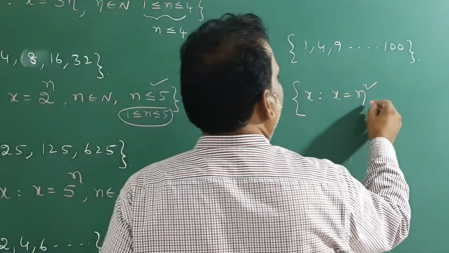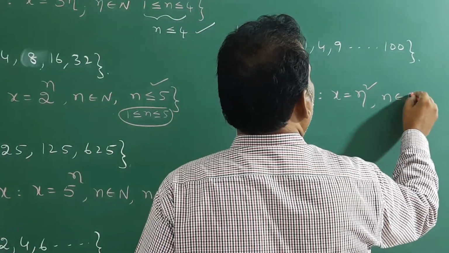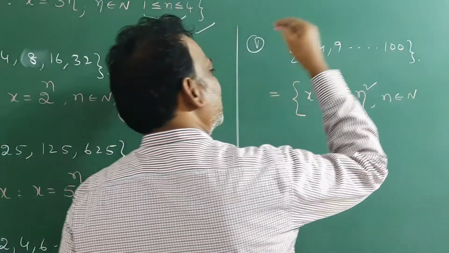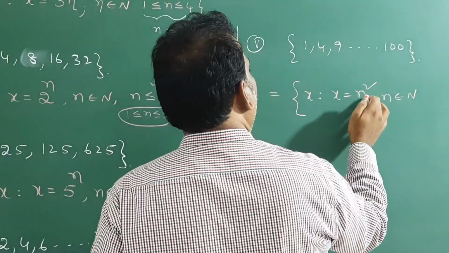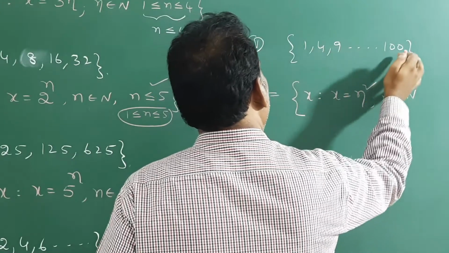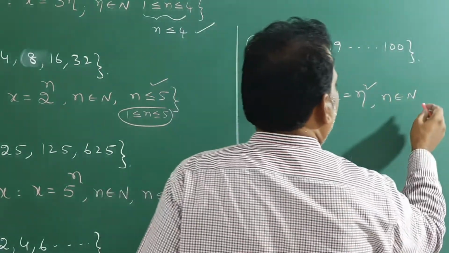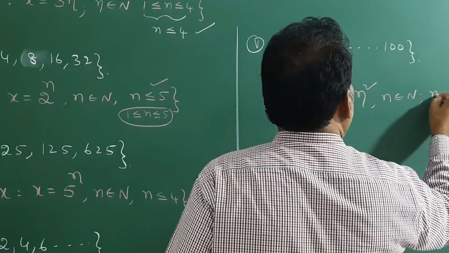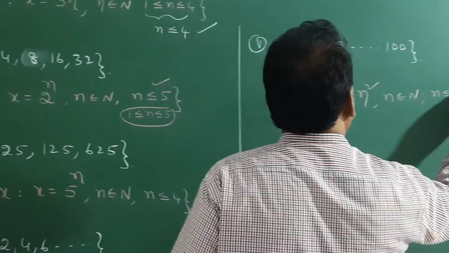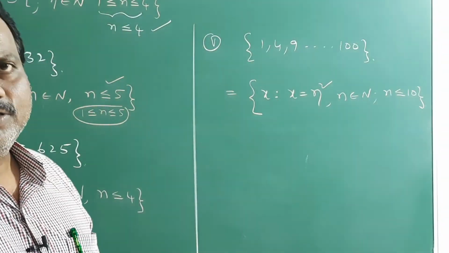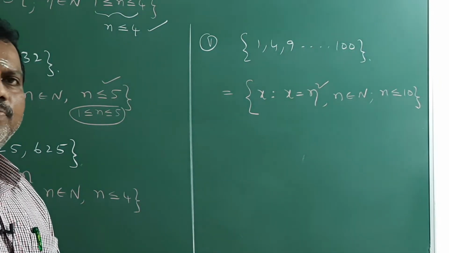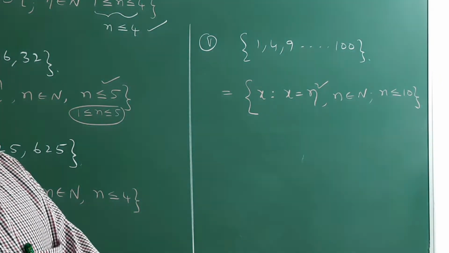So, what is n? n indicates natural numbers. How many natural numbers exist here? If you substitute 1 square, 2 square, 3 square until 10, that's why small n is less than or equal to 10.